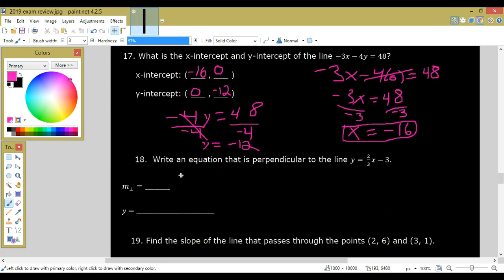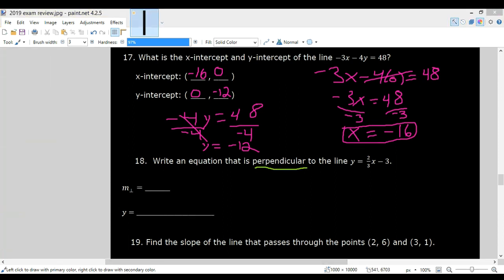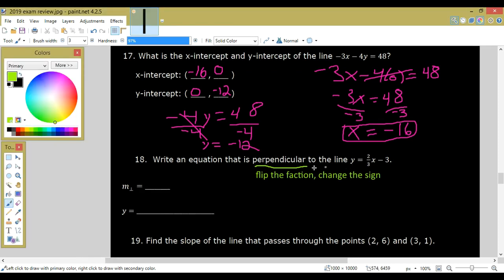Number 18. Write an equation that is perpendicular to the line y = 2/3 x - 3. For perpendicular slopes, you flip the fraction and change the sign. So first you identify the slope.